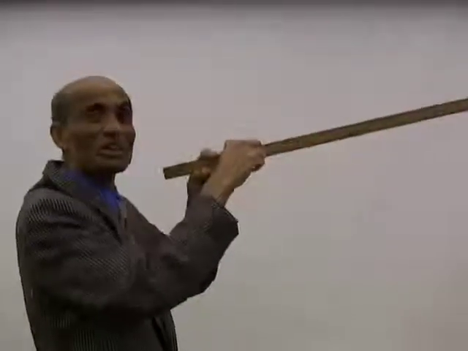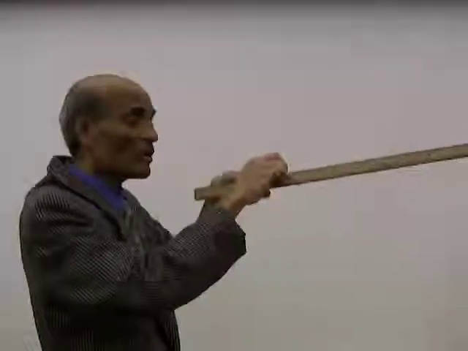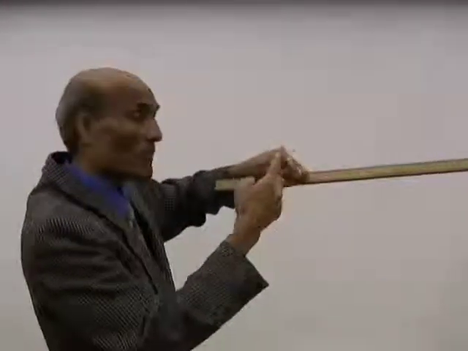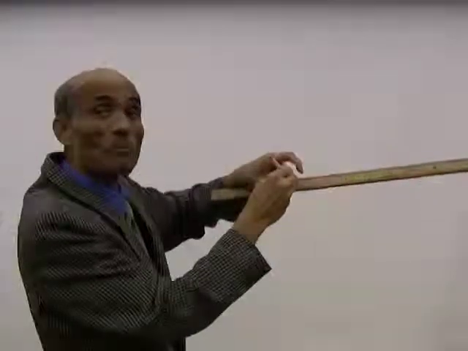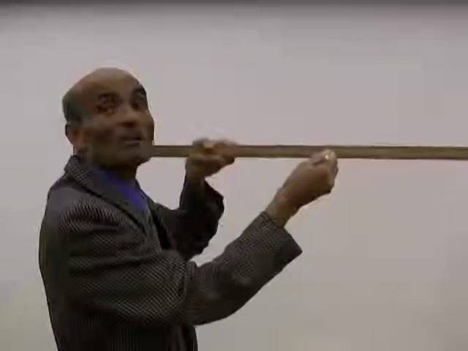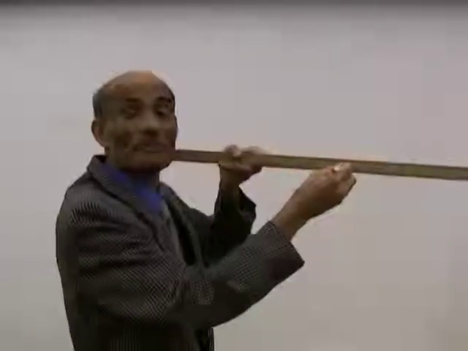How difficult it is. It is very difficult. That means the moment of inertia of this ruler about this axis is much greater than its moment of inertia about the center of mass.